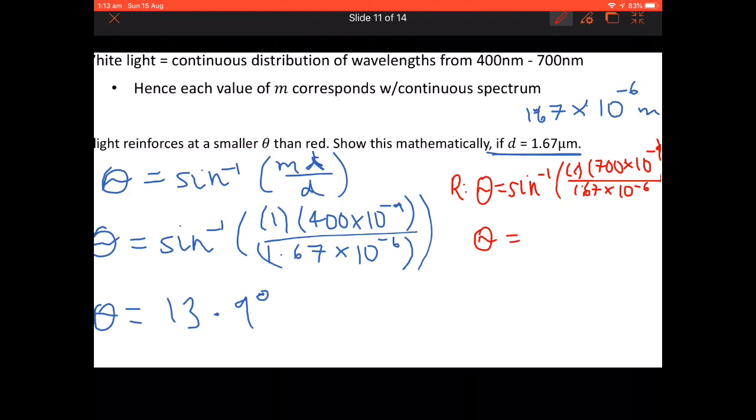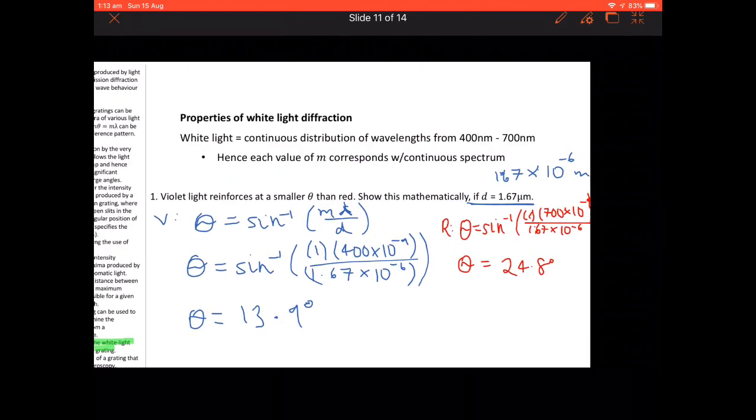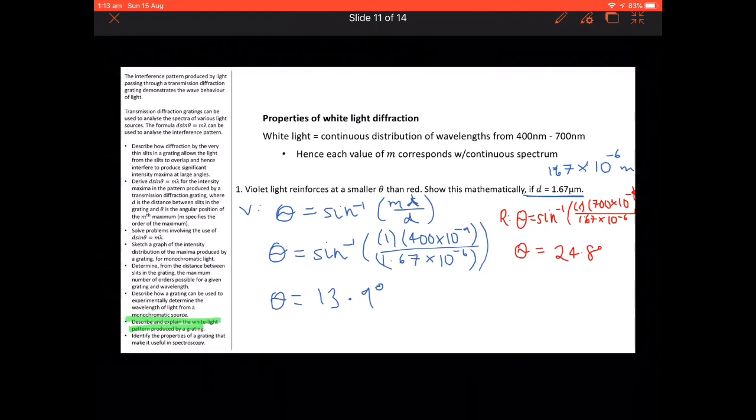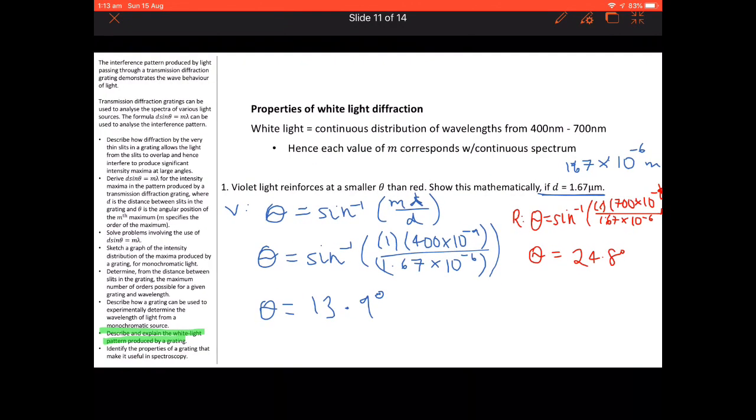If you pop all of this in your calculator, you'll end up with an angle of 24.8 degrees. So 24.8 degrees is obviously much more than 13.9 degrees, so violet light is just going to have a smaller angular position than red light when white light diffracts.